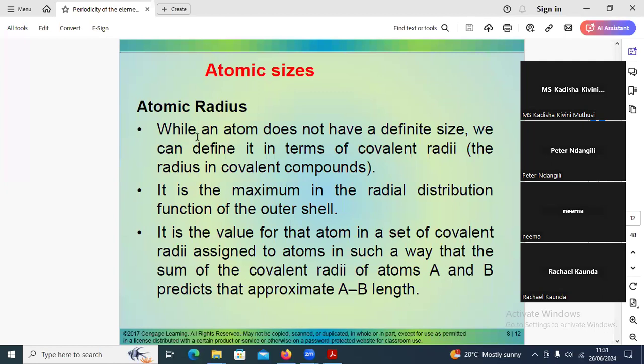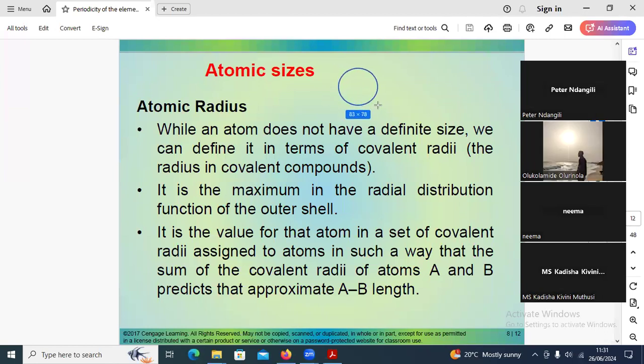I've not understood the concept there. Okay, we get it. I say that you have this, and you have an adjacent atom here that are covalently bonded. My illustration is simply showing that they are touching each other, which in real sense is not true, but I'm using this for purposes of illustrating.